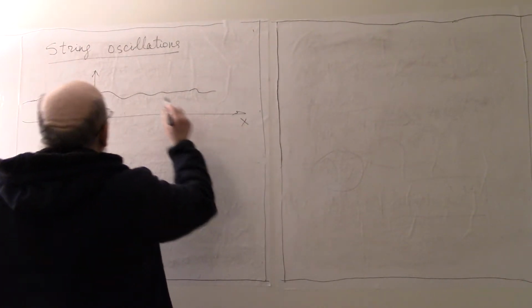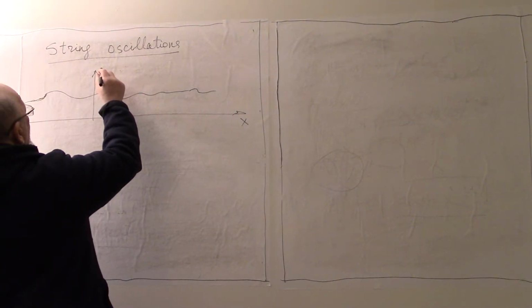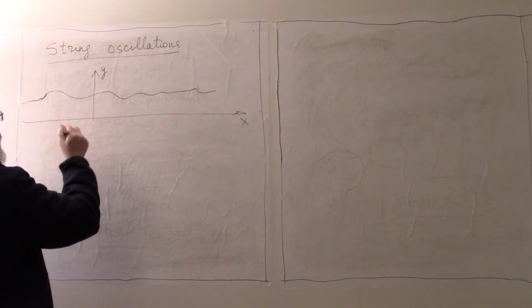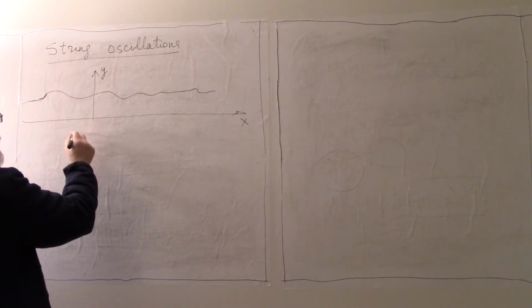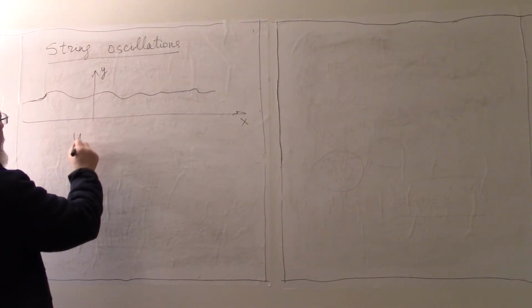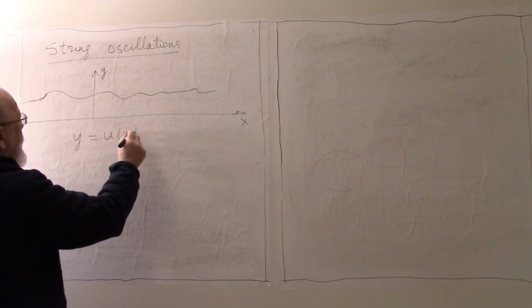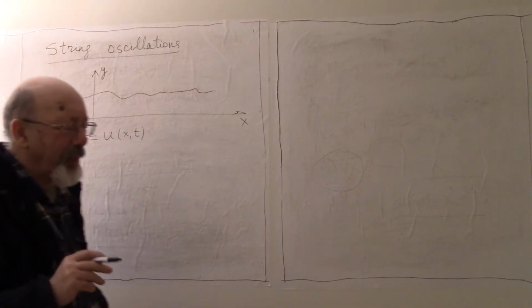This is x, this is say y, and the shape of the string is described by the equation y equals u of x, t. x is the coordinate and t is the time.